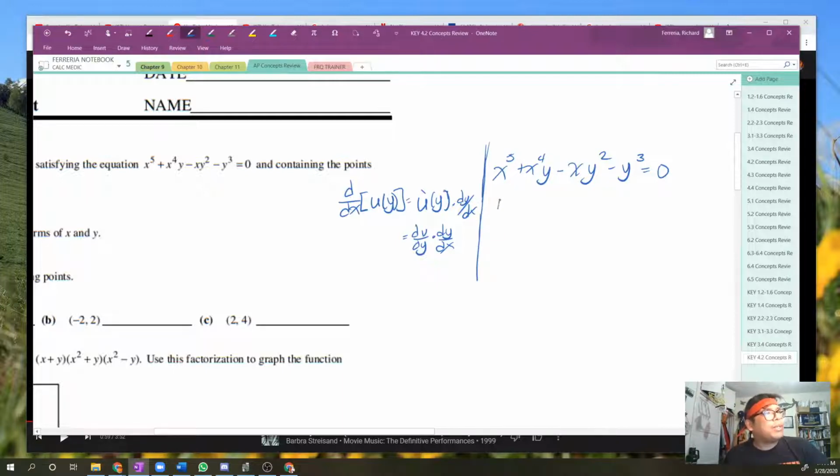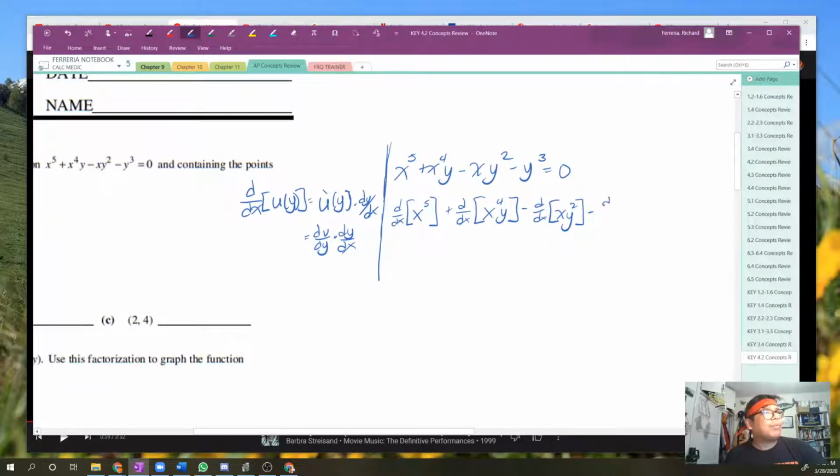This is going to be the derivative with respect to x of x to the fifth, and we're going to be doing this really slow, plus the derivative with respect to x of x to the fourth y, minus the derivative with respect to x of x y squared, minus the derivative with respect to x of y cubed, and that's equal to the derivative with respect to x of 0, which as we know is just 0.